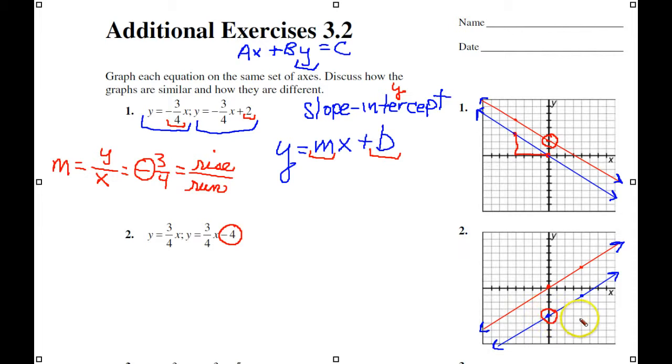I'm going to go over 4, up 3. And if something has the same slope, but different y-intercepts, you'll see the lines are parallel, as we see in examples 1 and 2. So I spent a lot of time on this, but there's lots of stuff to remember, and some items we're going to repeat in a later lesson.